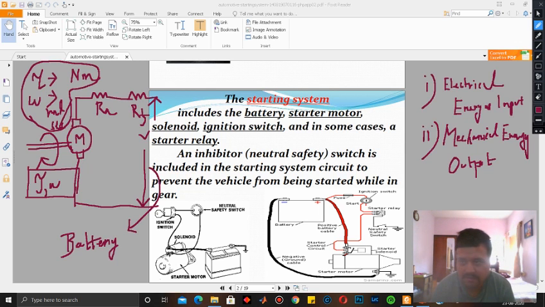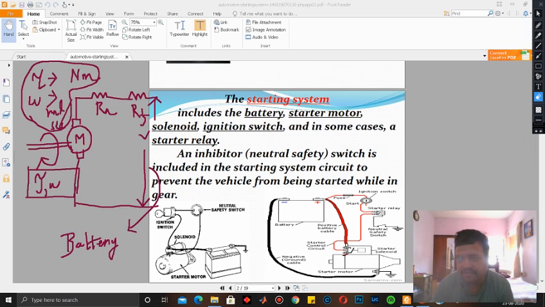If we write the equation of a motor, the input is V, and current will flow from the positive terminal. This one is positive and the lower one is negative, and the current is say Im.